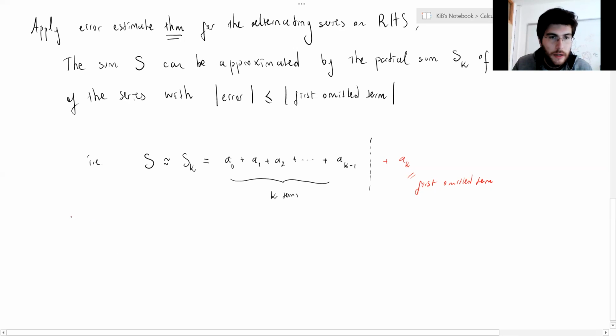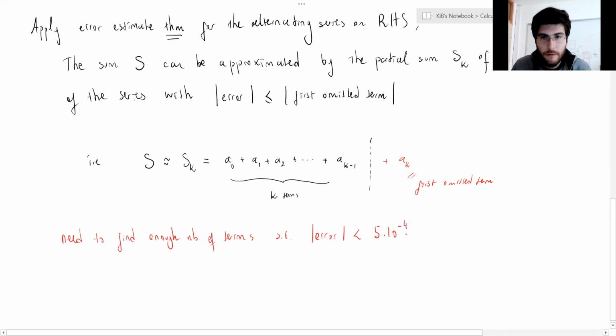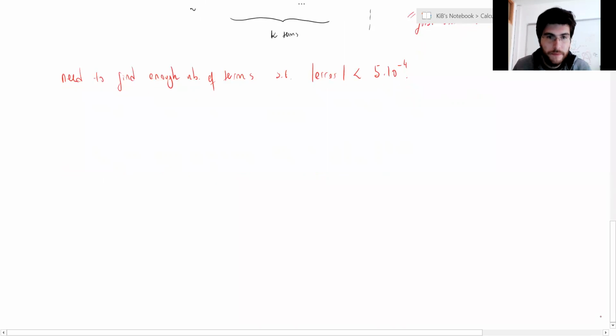So remember, we need to find enough number of terms such that the error is less than 5 times 10 to the minus 4. We want this. And by using this theory, I mean this first omitted term business, let's see what we have.